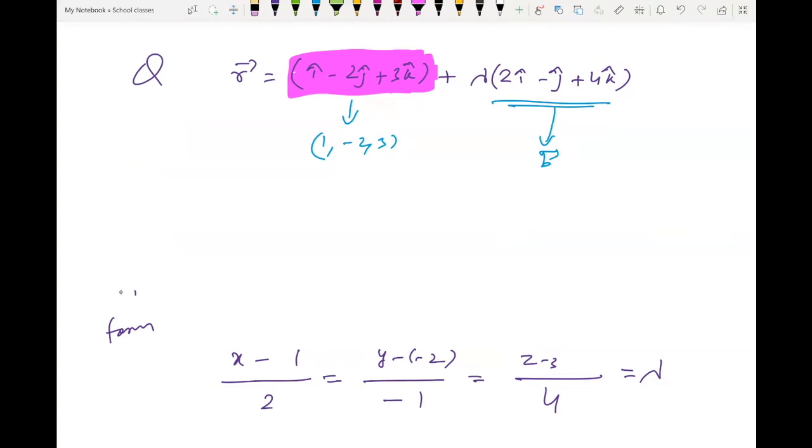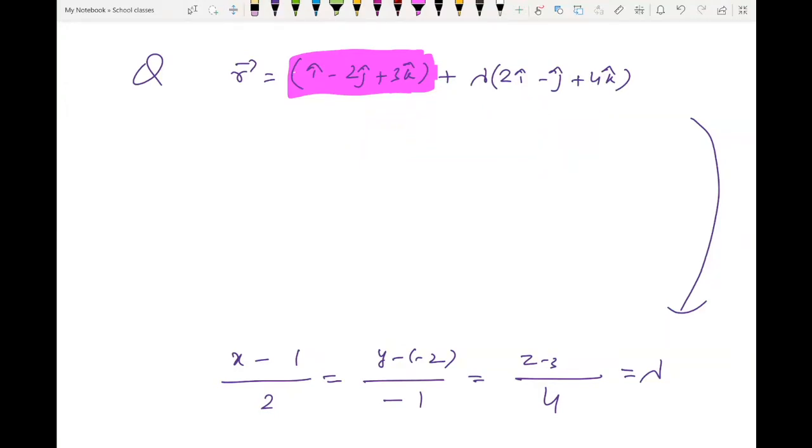But what is r vector? And how it came, I told you in the last class also. See, r vector is nothing but the position vector of a general point on the line. Suppose this is the line and here we take a general point, which is x, y, z.